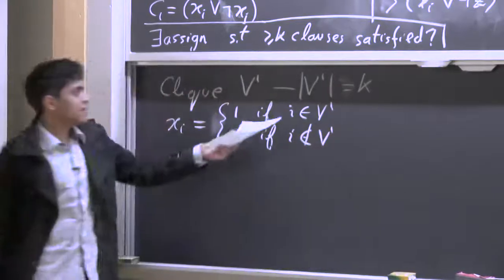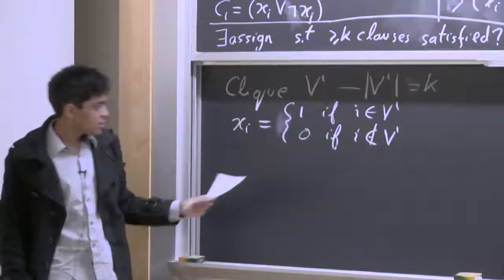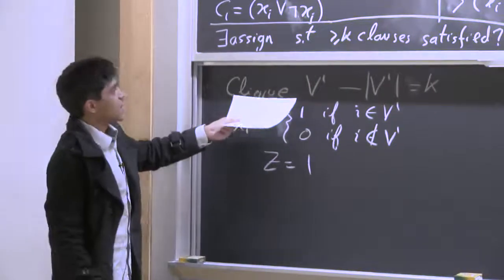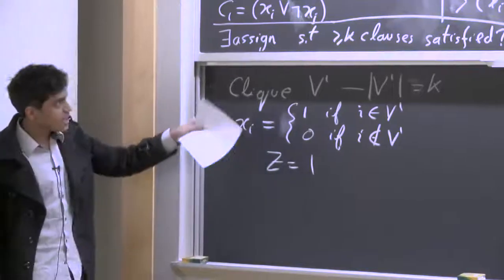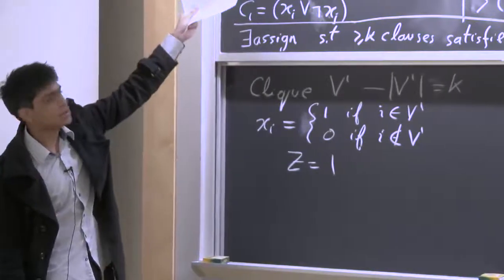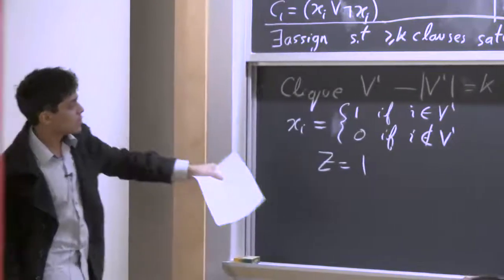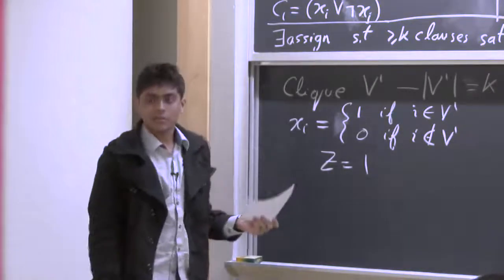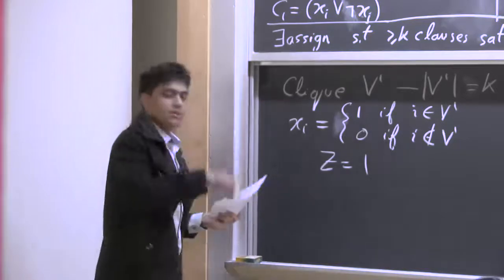Make sense? So you set everything in your clique to be 1 and everything outside to be 0, and let z equal to 1. You're showing one direction: given that there is a clique of size greater than or equal to k, we construct a max 2 SAT instance which has the number of satisfied clauses greater than or equal to k, and then we'll show the other direction.